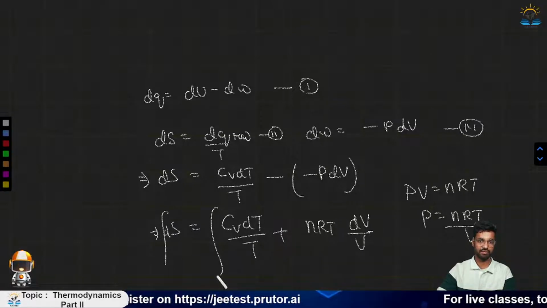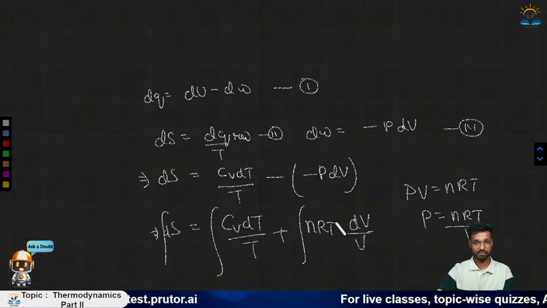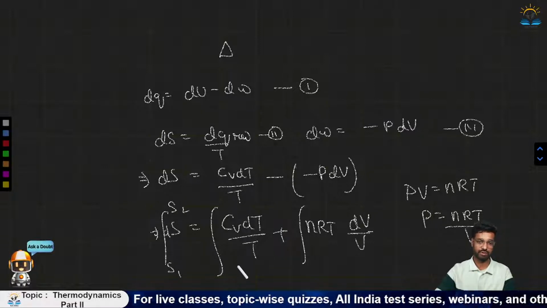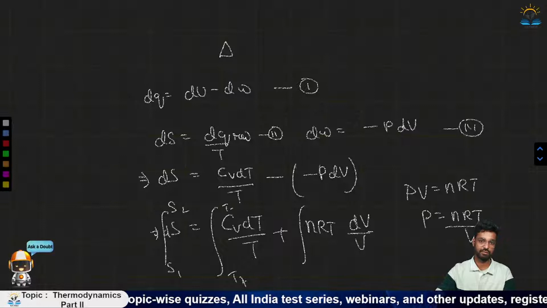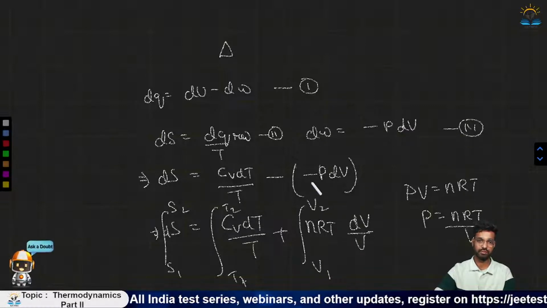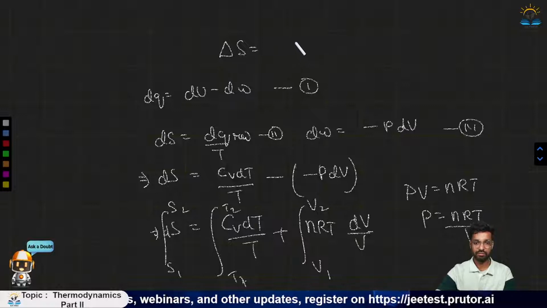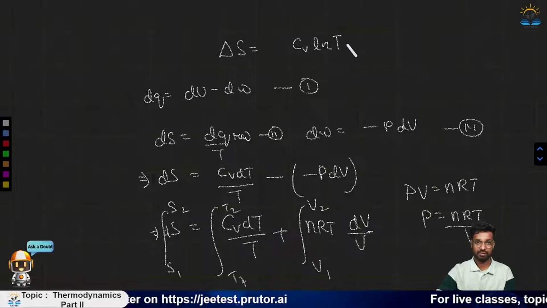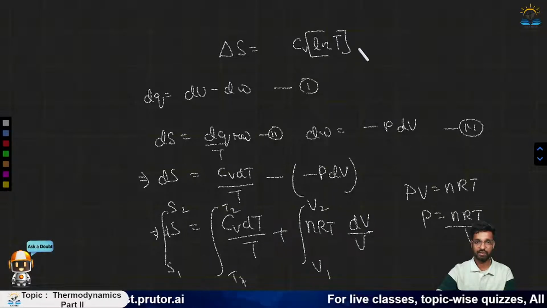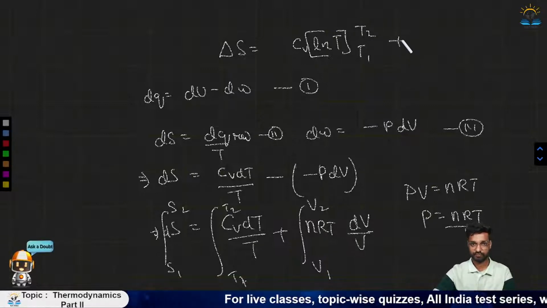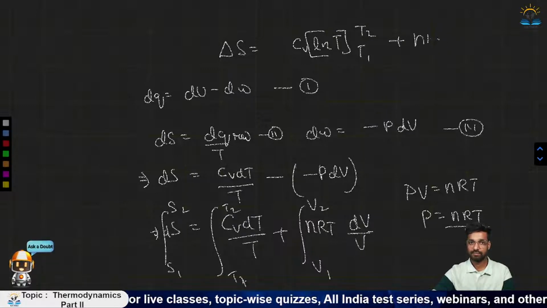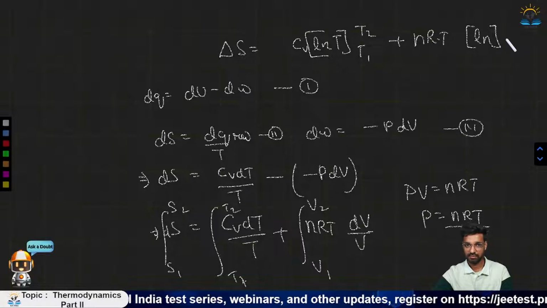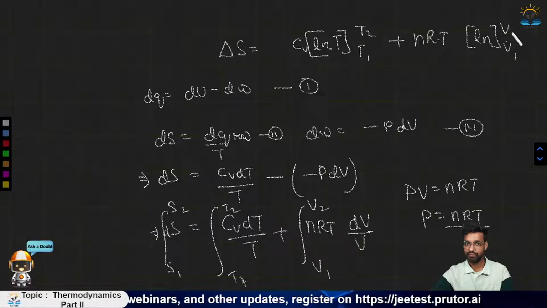Now we'll integrate on both sides. Suppose we are calculating it from S1 to S2. Here it is for T1 to T2, and this is from V1 to V2. So it will be delta S is equal to Cv ln T between limits T1 and T2, then nR ln V1 to V2.